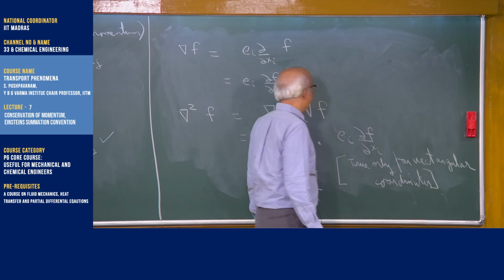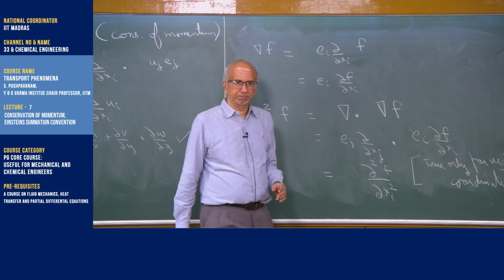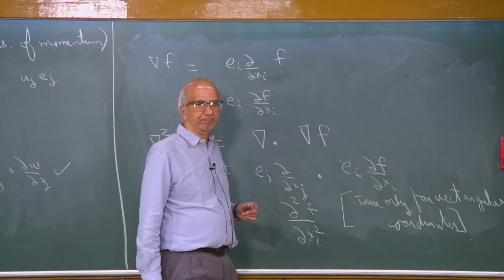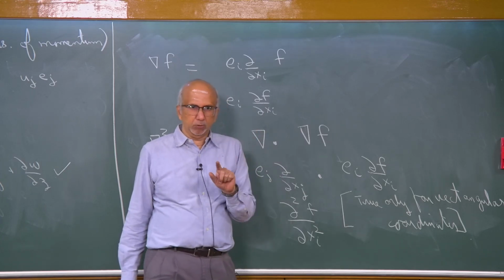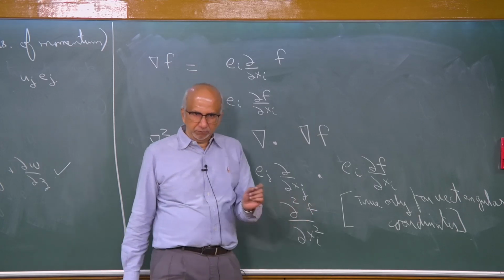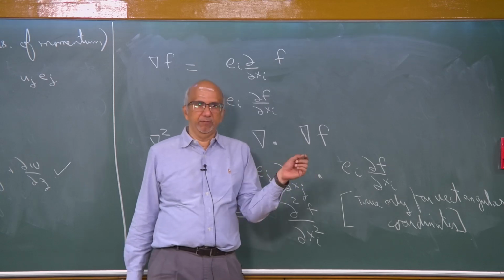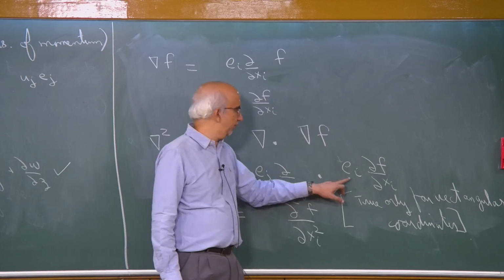One has to be careful, because what can happen in other coordinate systems, like the cylindrical coordinate system and the spherical coordinate system, is that when you vary one of the independent variables, theta for example in cylindrical coordinates, the unit vector itself can change.